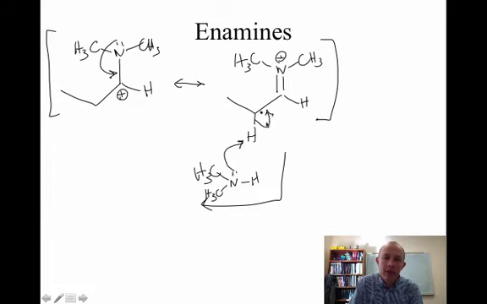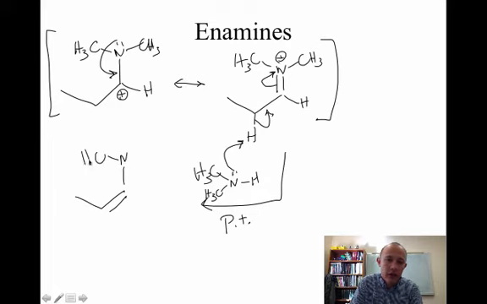These two electrons are going to become the pi bond, and these two electrons are going to become a new lone pair of electrons. So this is still a proton transfer step, and thus our product is going to have a new pi bond between these two carbons. This is a single bond with a lone pair of electrons and a hydrogen, and that gives us our enamine.